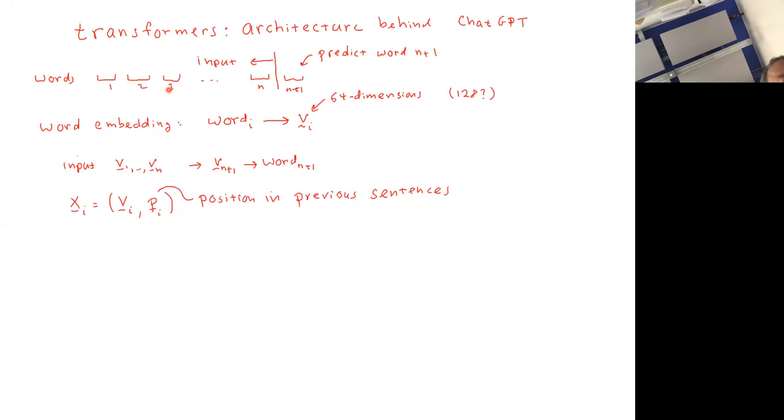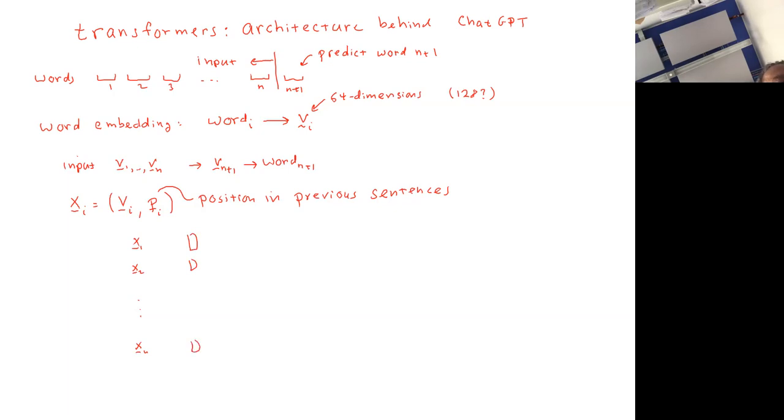In the old days, people ran vanilla networks, actually recurrent networks, but that's a bit of a detail. So you could put x1, x2, xn into your network. These are all vectors, of course.